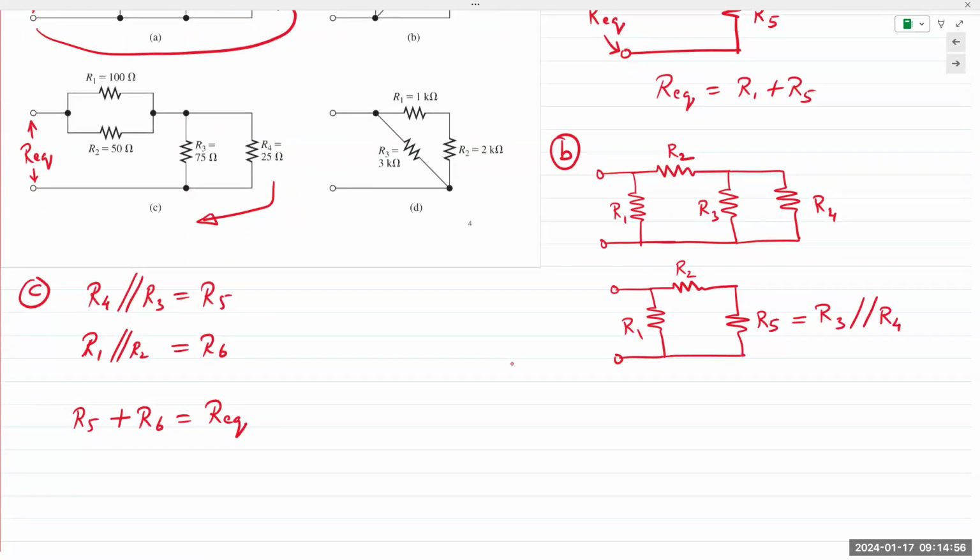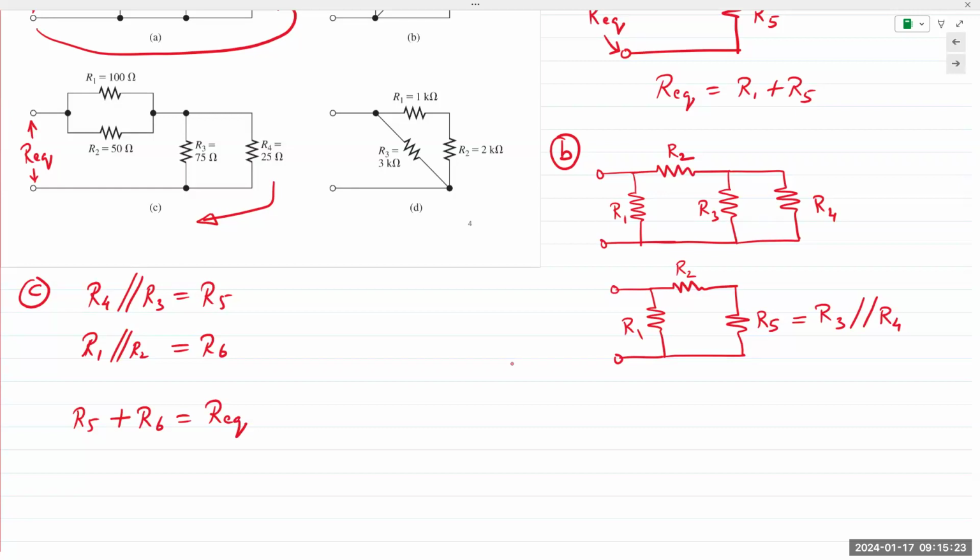So you reduce it one step at a time. Again, if you practice this long enough, a light bulb will click on at some point in time, and you can simply look at a circuit and easily determine which resistors are in series and in parallel. But when you're first starting out, if you're not sure, you take it step by step. R3, R4 is now R5, the parallel combination of R3 and R4.